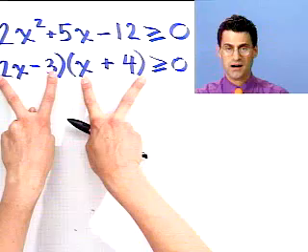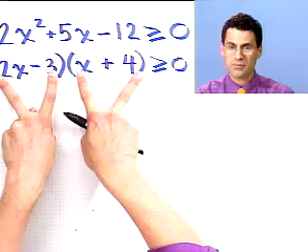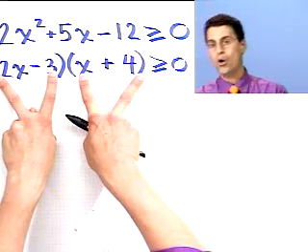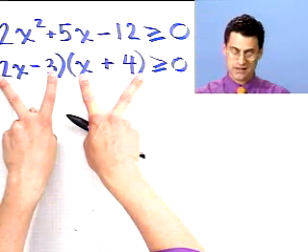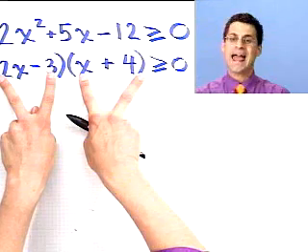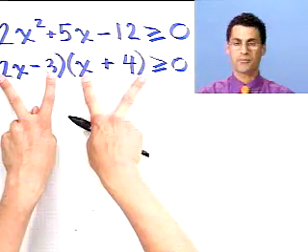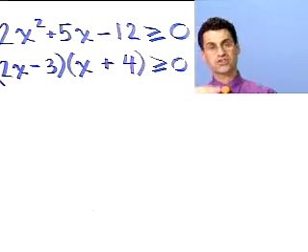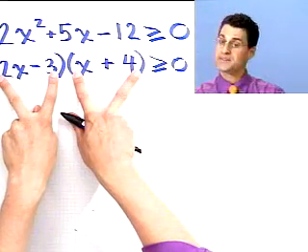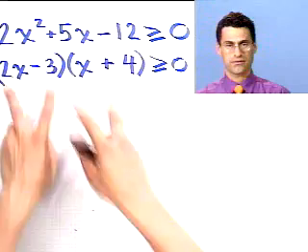Either this number is positive and this number is positive, or the other possibility is this number is negative, and at the same time, this number is negative. So actually, there's two different cases we have to consider. The first case is positive, positive, and the second case is negative, negative.